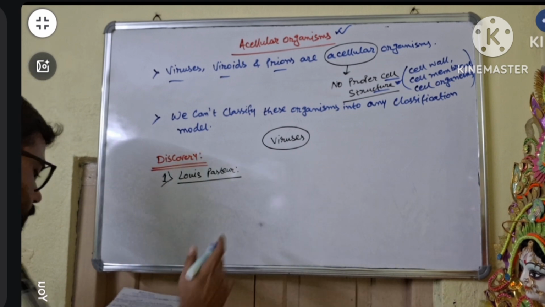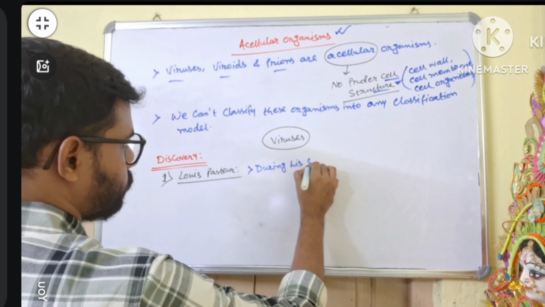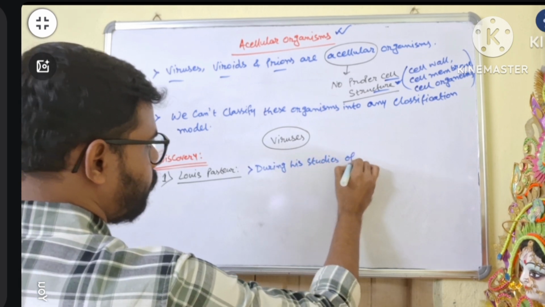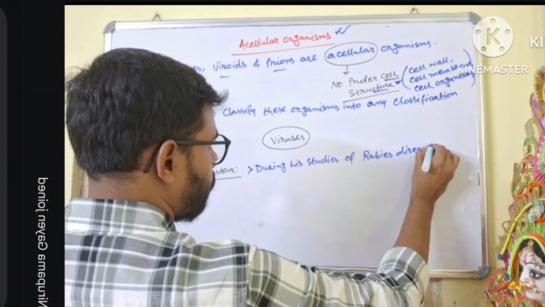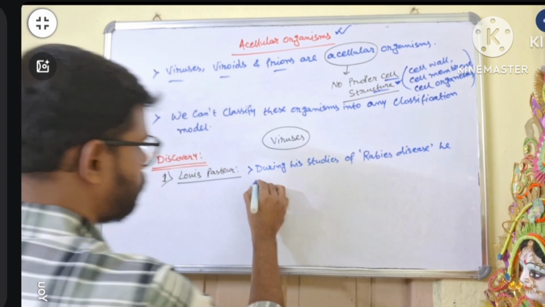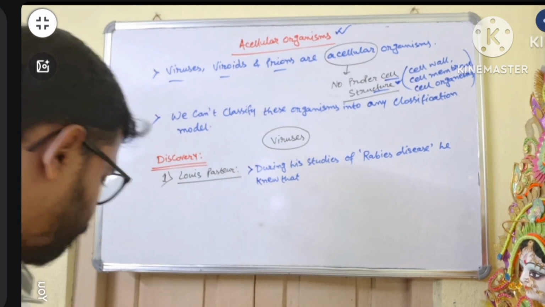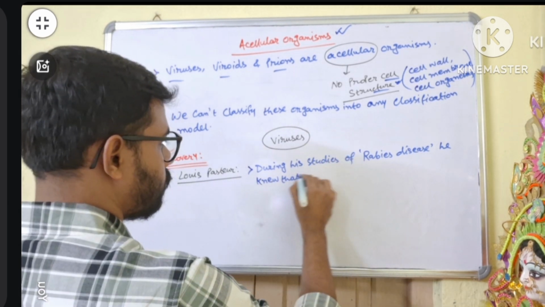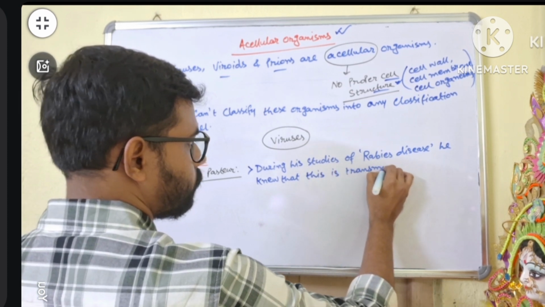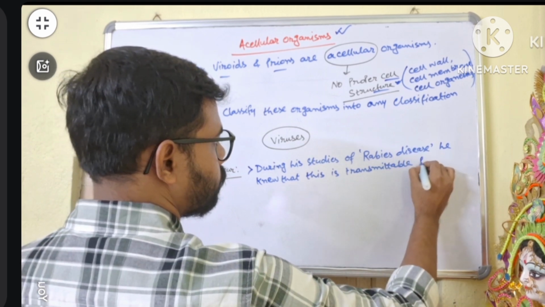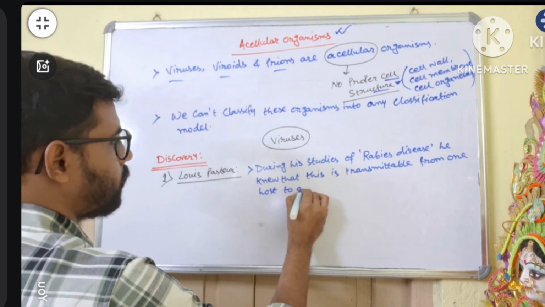That is, Louis Pasteur during his studies of rabies disease, he knew that this disease is transmitted from one host to another, to a healthy host.